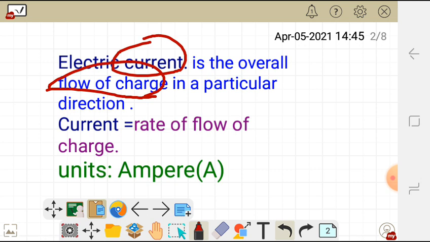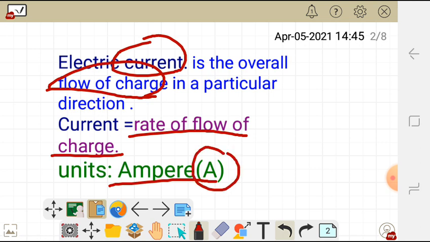Current is the rate of flow of charges. The rate at which charges are flowing in a circuit is what we call current, and it is measured in amperes. Ampere is the unit you can use to measure current, and it is denoted by the capital letter A.